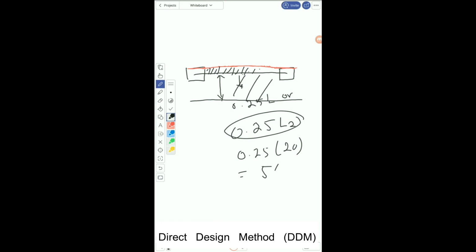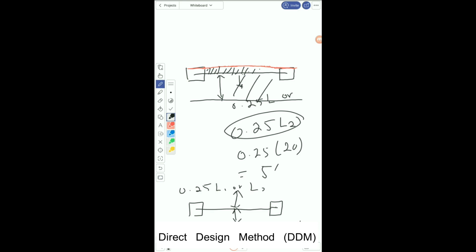Just remember, if we have an interior column, like this is an interior column, you have 0.25 of L1 or L2 here, and similarly 0.25 of L1 or L2 in this direction.